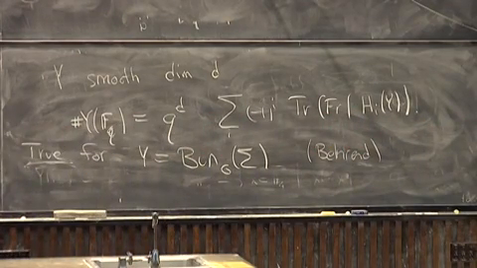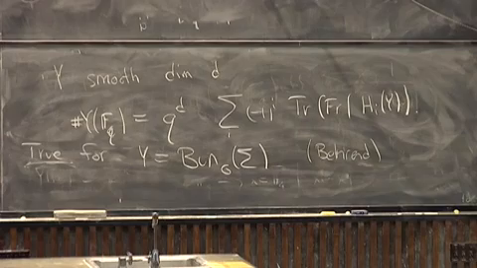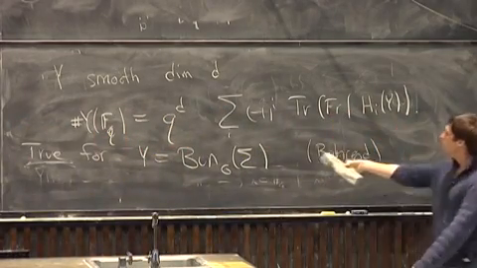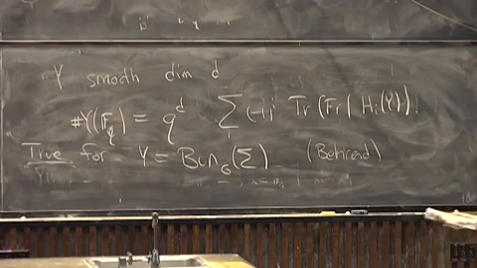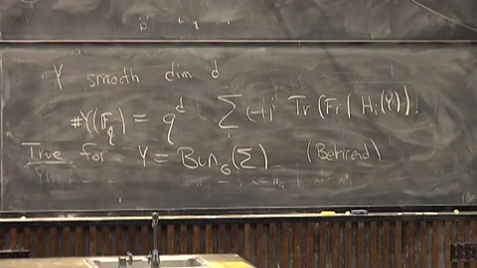And what's this dimension? Well, that's that same power of q that appears up there, just by chance. So if you use this formula for the number of points, then you've converted Weil's conjecture into a statement in topology.